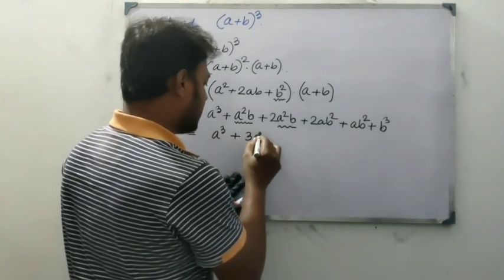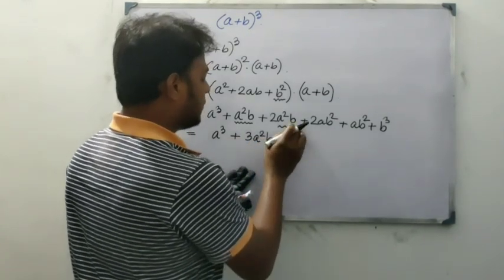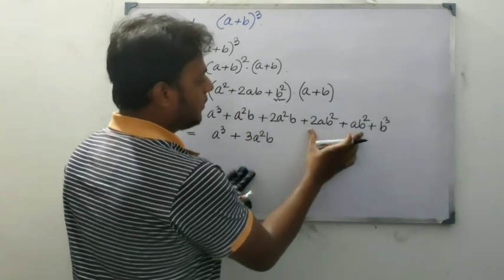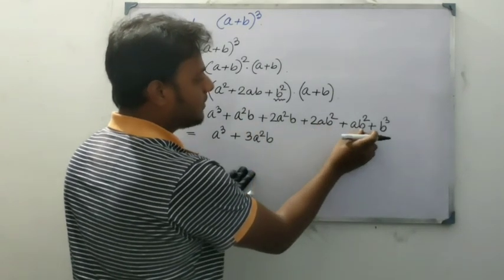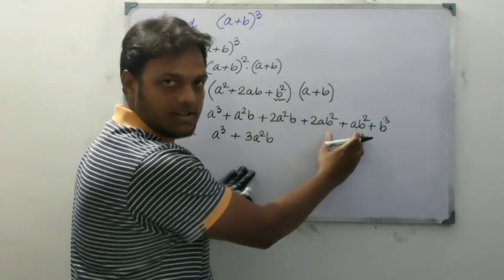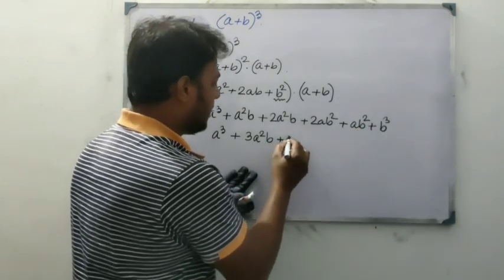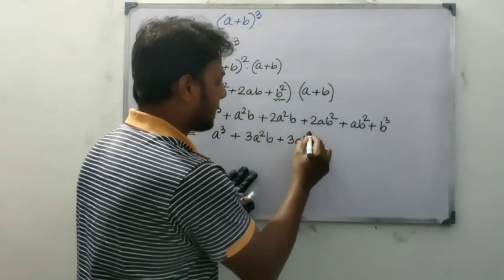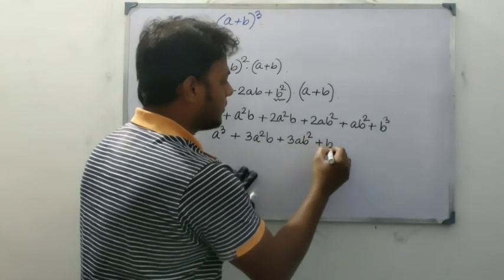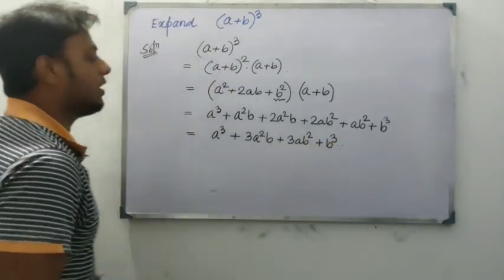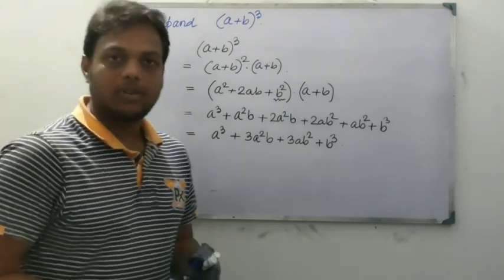So 3a square b. Now for this term, 2ab square plus ab square. Since we have to add here, this is ultimately 3ab square, and lastly b cube. So this is the simplified or expanded form of (a + b) whole cube.